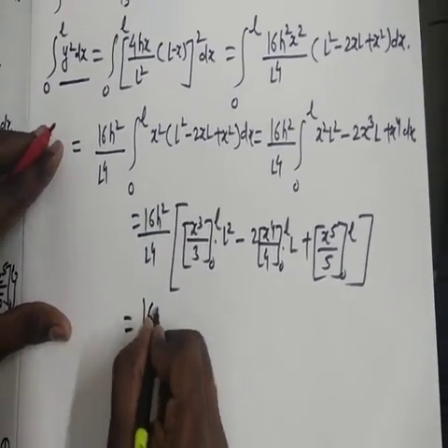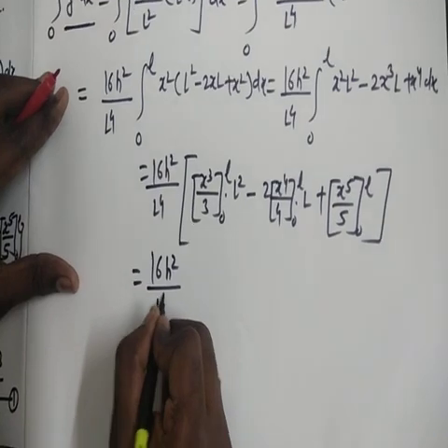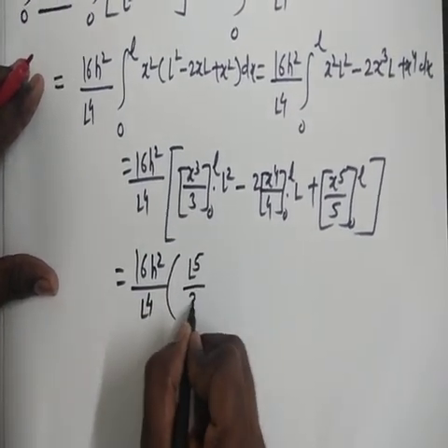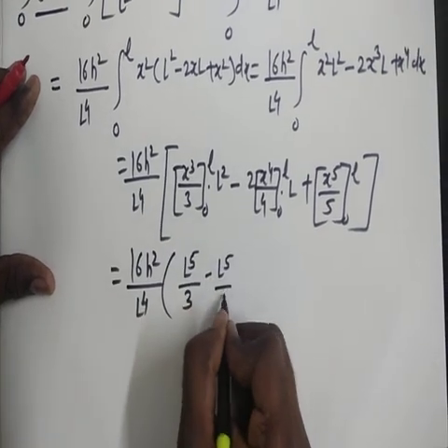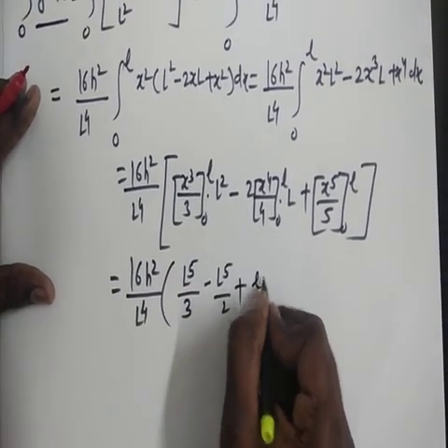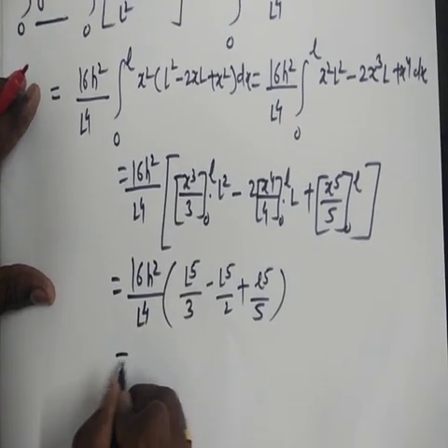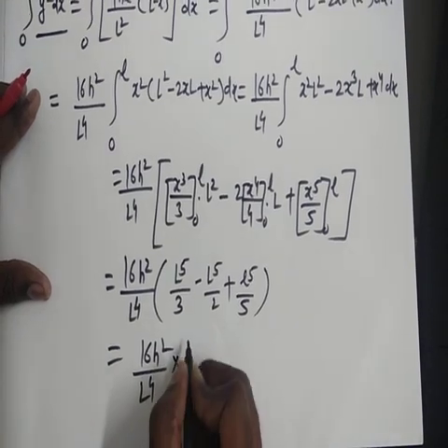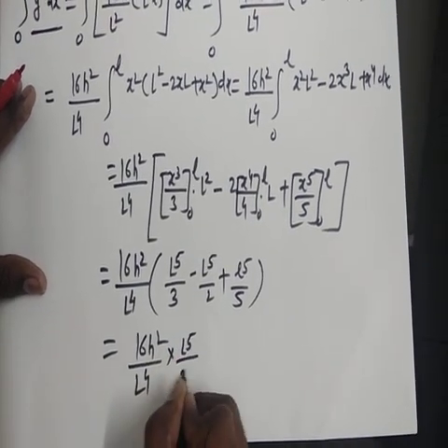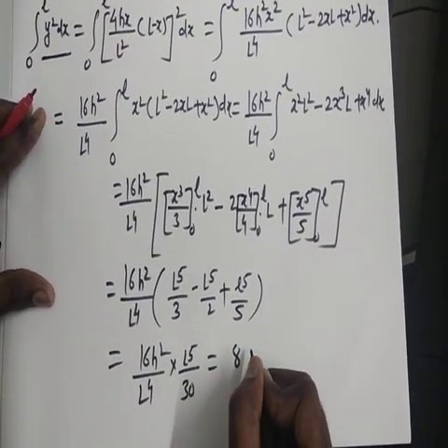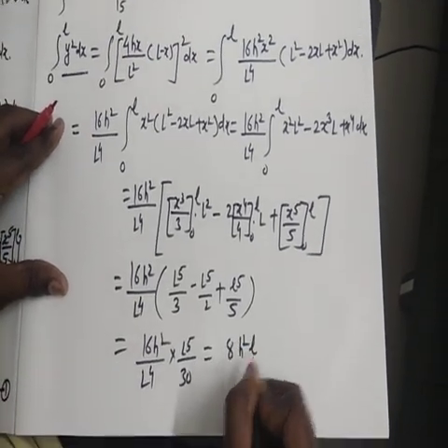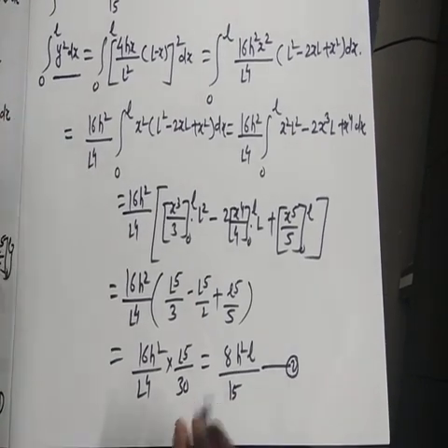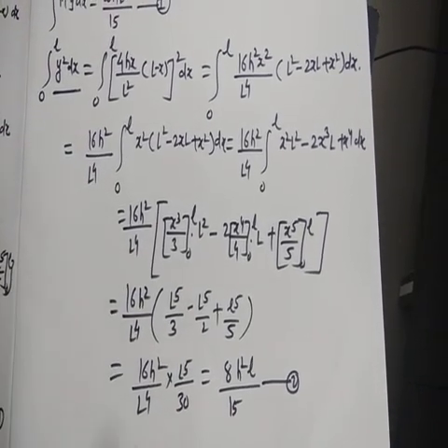So here 16h square by L raised to 4 in bracket, this will be L raised to 5 by 3 minus L raised to 5 by 2 plus L raised to 5 by 5, which is equal to 16h square by L raised to 4 into L raised to 5 by 30, and that will be 8h square L divided by 15, equation number 2, and same thing we have seen in the first derivation.